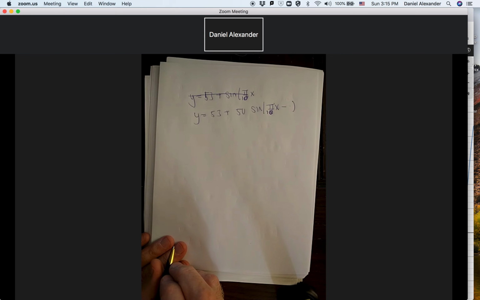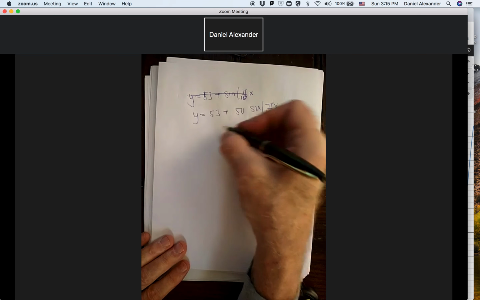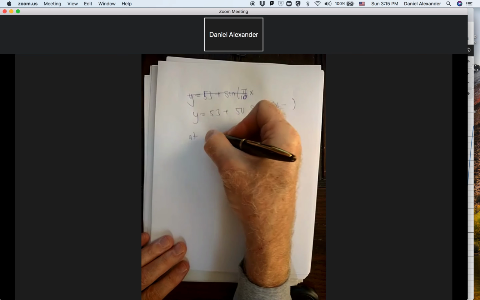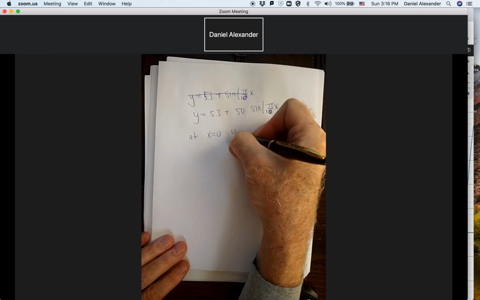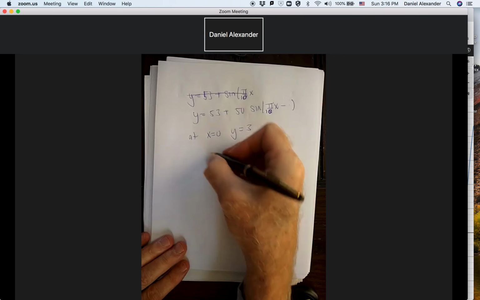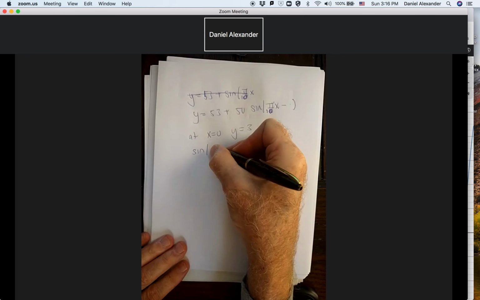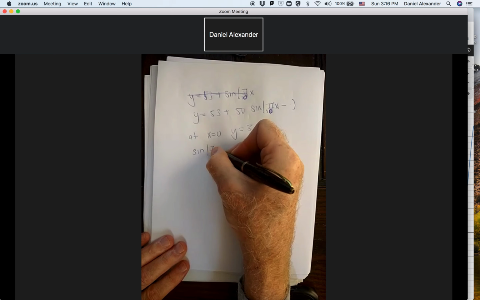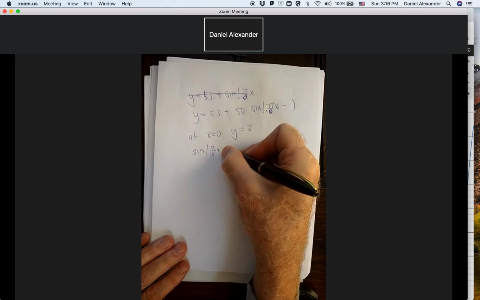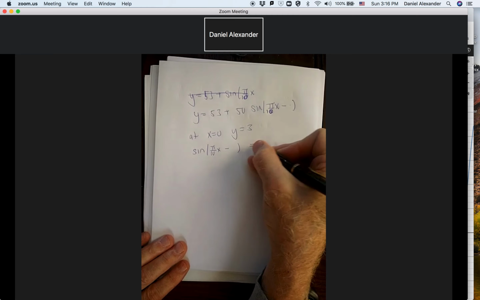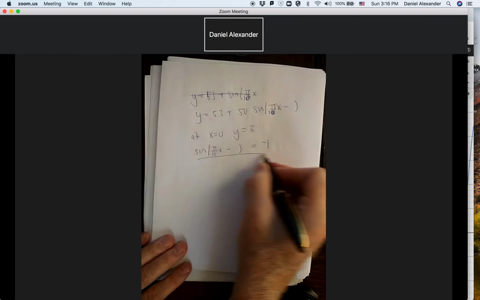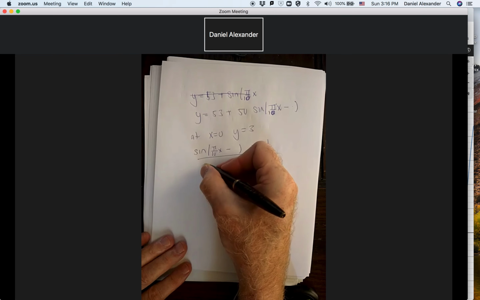We don't know what yet. Here's what I'm thinking: at x equals 0, I want y to equal 3. So I want sine of pi over 10 x plus whatever I put here to equal -1. That's going to give me the lowest possible value of the sine.